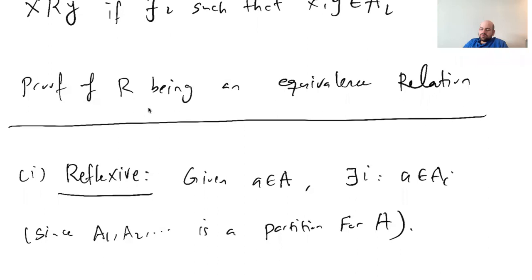Because it is a partition, the union of all the AIs is the whole A. So if I have some element a in A, it has to be in one of them, so small a has to be in at least one of the AIs.